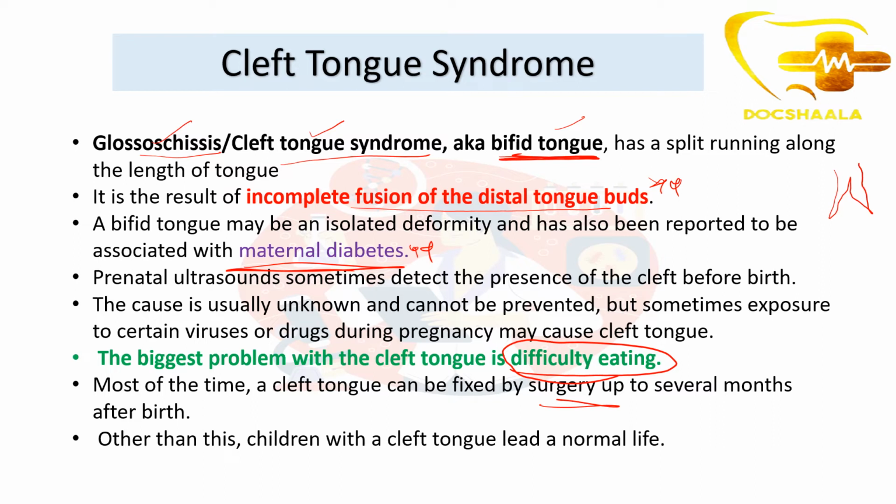The biggest problem is difficulty in eating. It can be surgically corrected after birth, for up to several months. Sometimes even prenatal ultrasonography can detect the cleft. And apart from this, the child with a cleft tongue can lead a normal life.